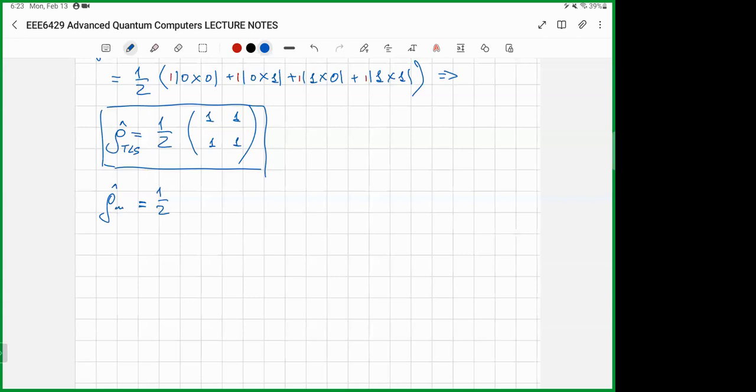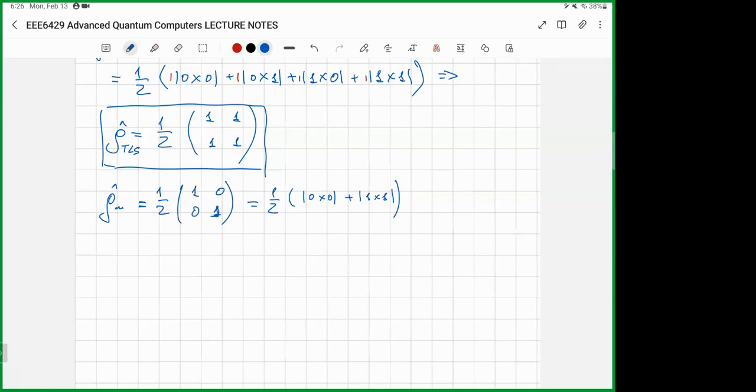What happened to my, sorry, my tablet has gone crazy. Yeah. So this is the density operator of the TLS system in the pure state and the mixed state.